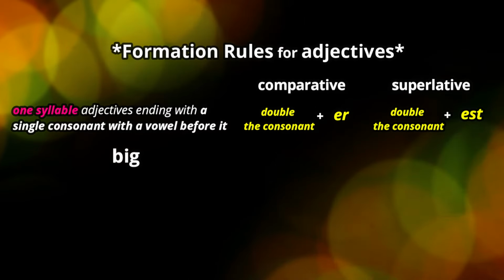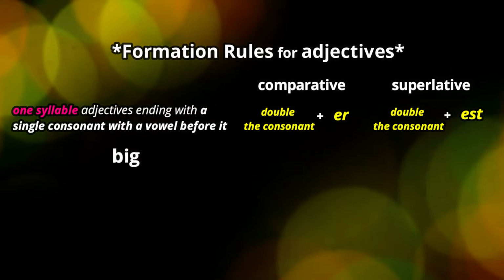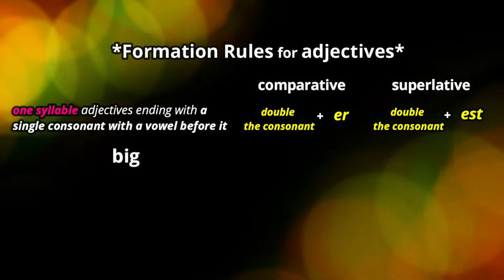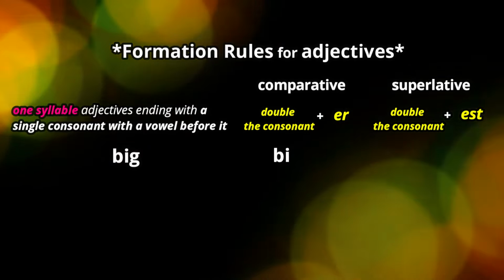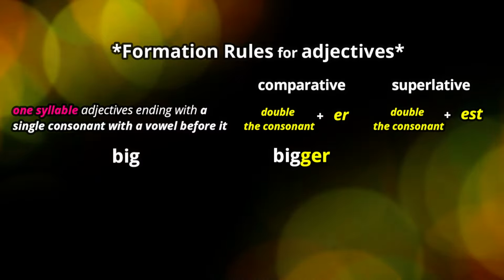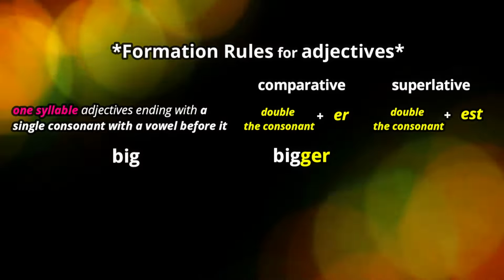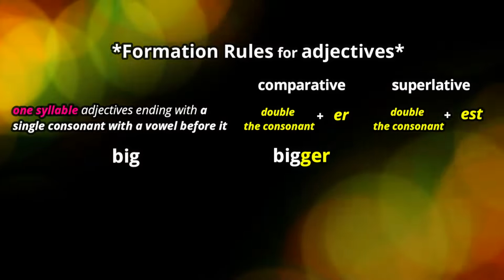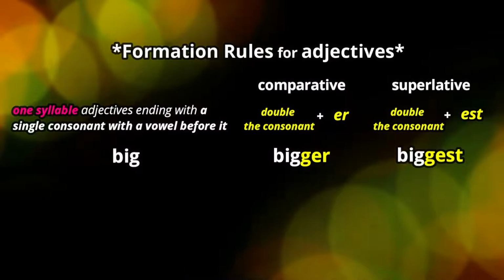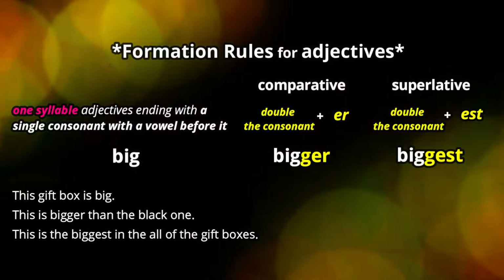It ends with a consonant, but there's a vowel before it. It's I. So when we make our comparative, we just add another consonant. So it's big, bigger. And we do the same thing with our superlative. We add the consonant and we get biggest. All right, let's look at the example sentences.